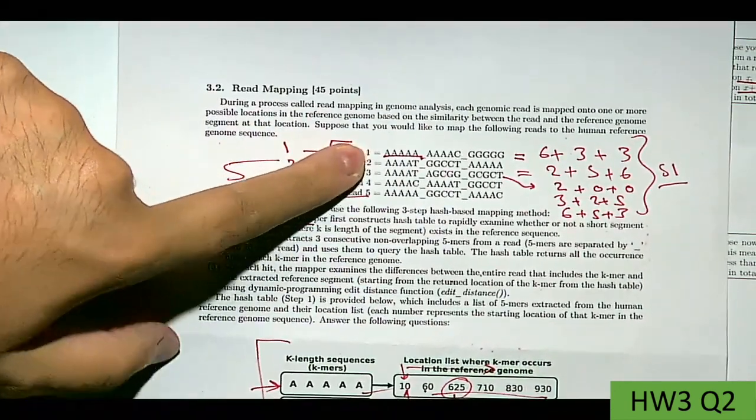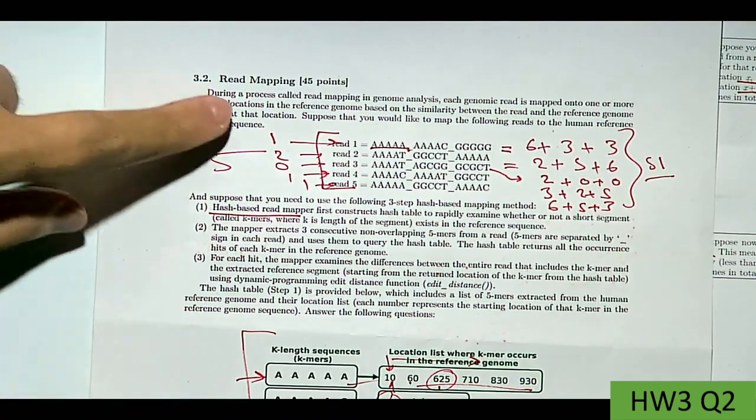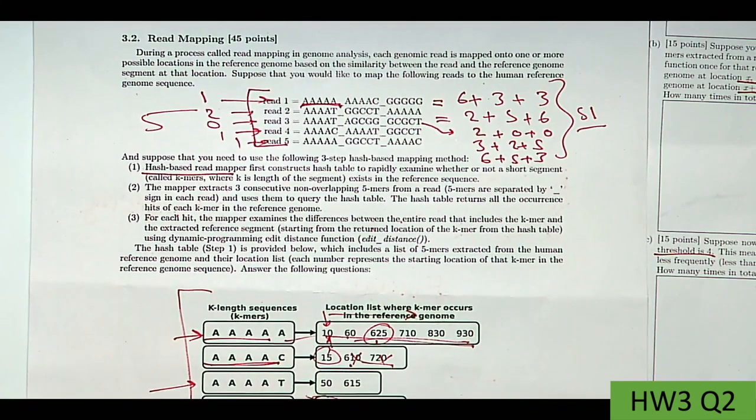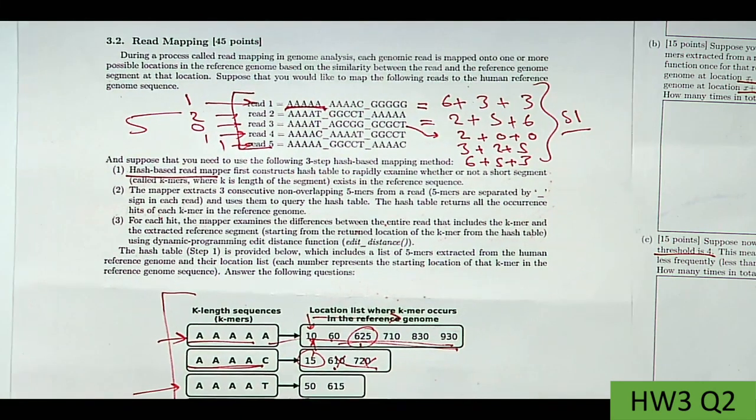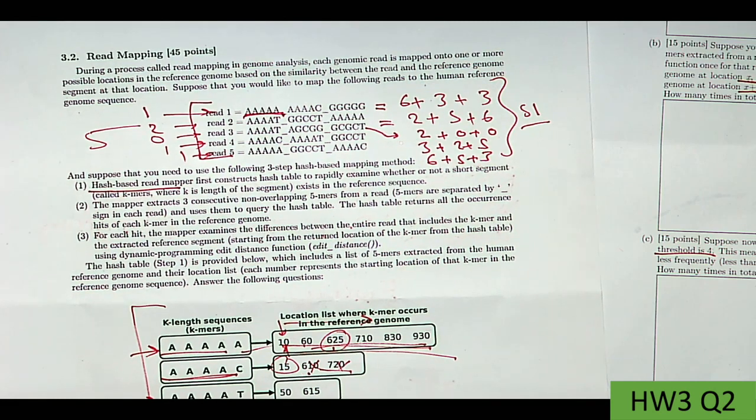Now we pick the first k-mer, and we go to the hash table: 5 A's, we got 6 locations, 6 hits. My threshold is 4, so anything exceeding 4, not equal or greater, but exceeding 4, we are going to ignore. So we ignore those 6. We could say that we will consider only 4 locations without ignoring the seed, meaning I consider those 4 locations and ignore those 2, for example.